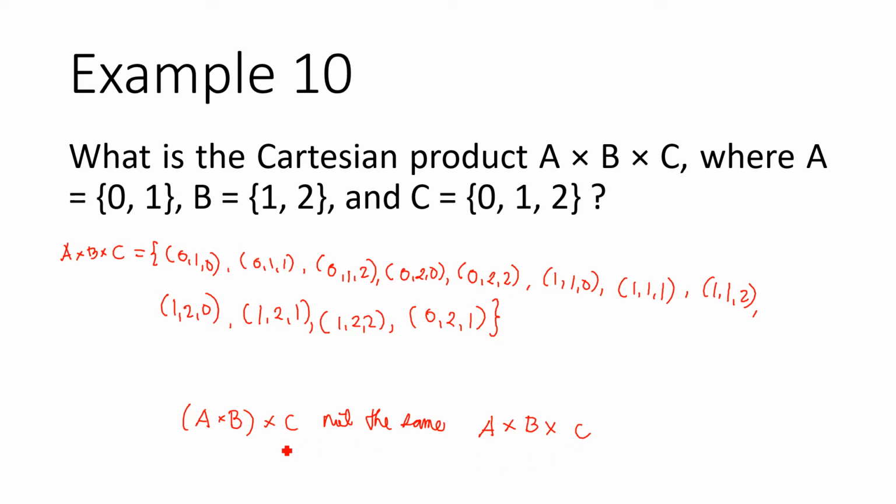Then if you have an exponent, let's say A squared, that implies A by A. And if you have A cubed, then that implies A by A by A. Okay, so that's it.